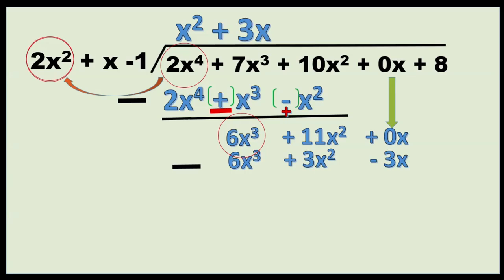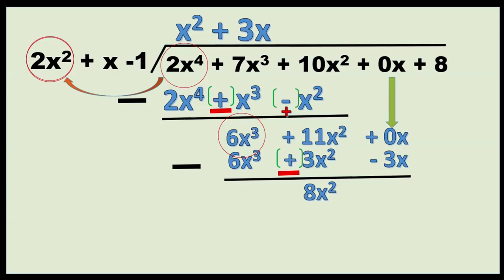Then the next one is to subtract. 6x cubed minus 6x cubed is 0. And then 11x squared minus 3x squared. Positive change to negative, and then proceed as in addition. 11x squared plus negative 3x squared.